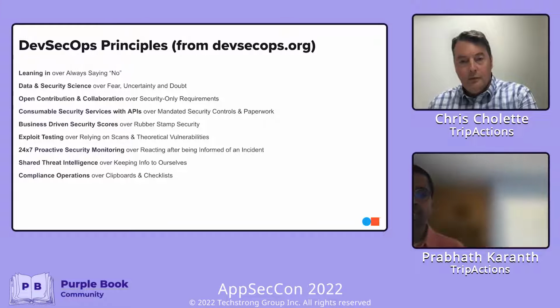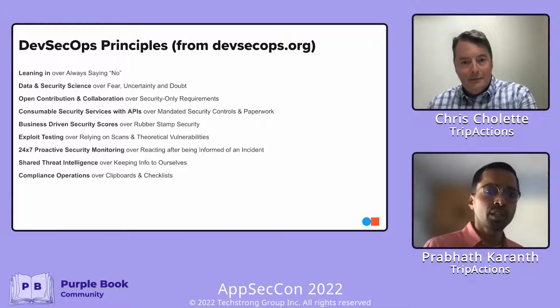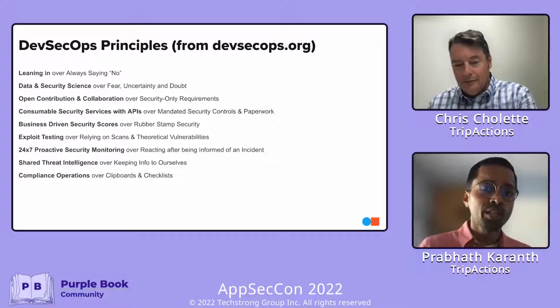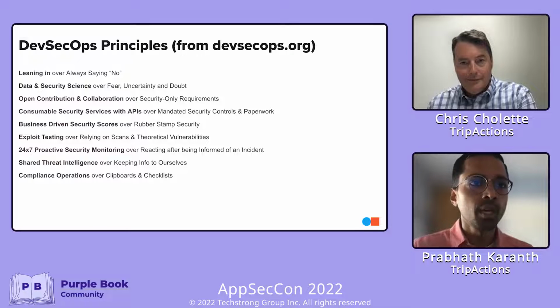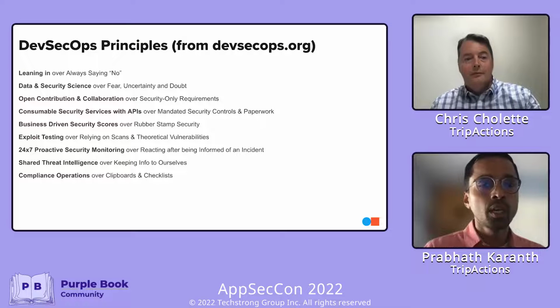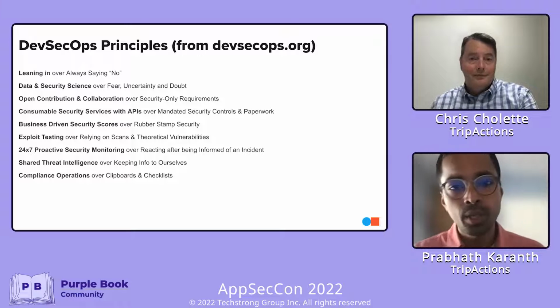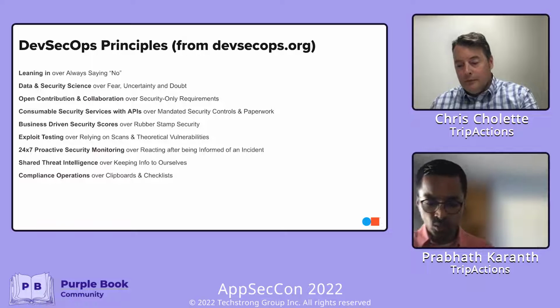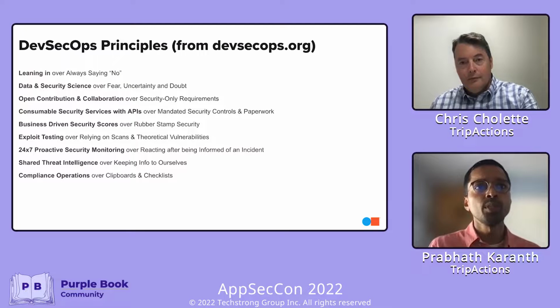And lastly, also compliance operations. Rather than having a clipboard and checklist kind of approach, having continuous compliance operations and continuous compliance monitoring to provide assurance to your customers and your auditors and meet your audit requirements also becomes important. So from a principles perspective.